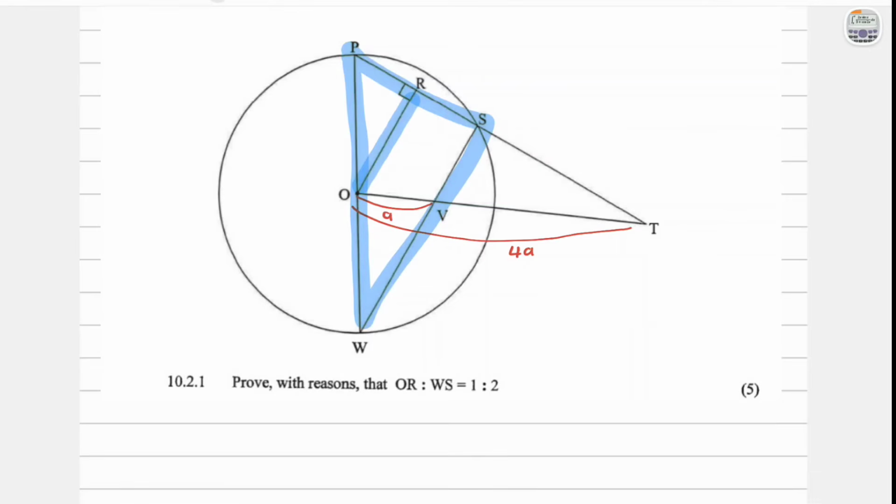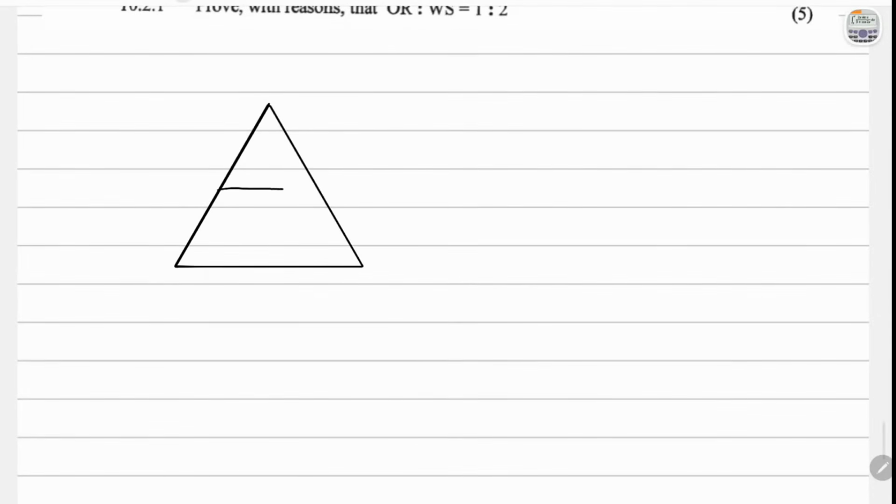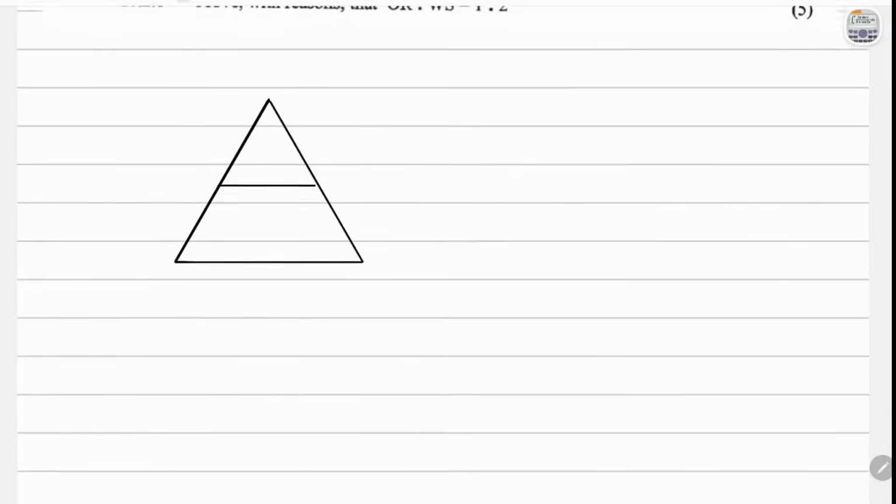Now that we can see that they're using the midpoint theorem from that ratio, let's actually just prove to them that yes, OR is to WS is equal to 1:2. So what are the things that we need to focus on to be able to prove that? With the midpoint theorem, you just remember what it looks like. Let me give a backstory on it. You have a triangle. It doesn't have to look like that triangle. And then you have a line drawn parallel to one side of the triangle.